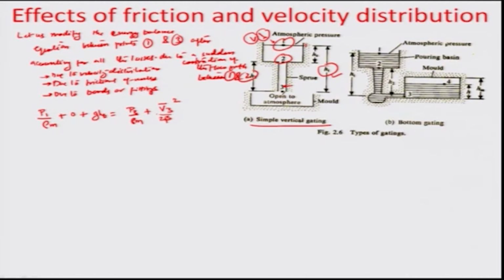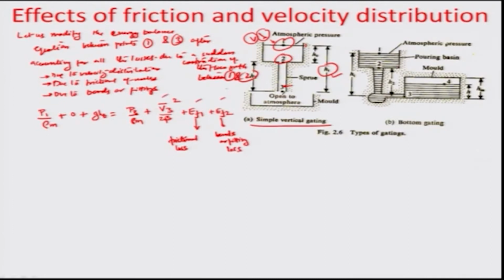The flow is turbulent in nature, plus the loss EF1, which happens because of the frictional loss of the wall, plus the EF2, which is the loss because of the bends or the fitting. So, that is how the energy balance would finally happen.